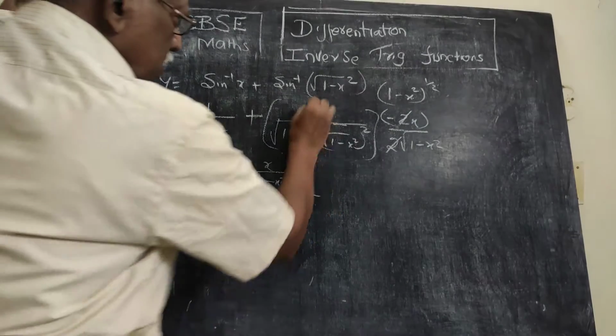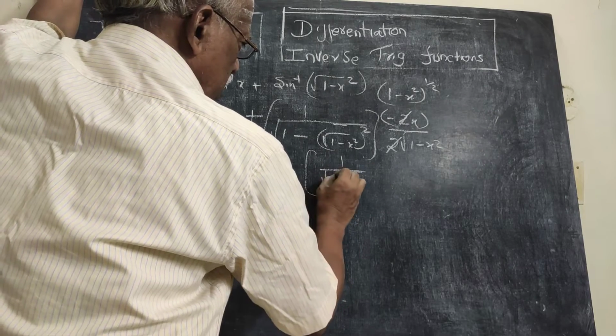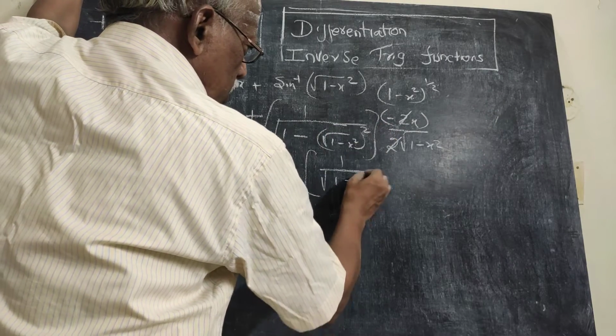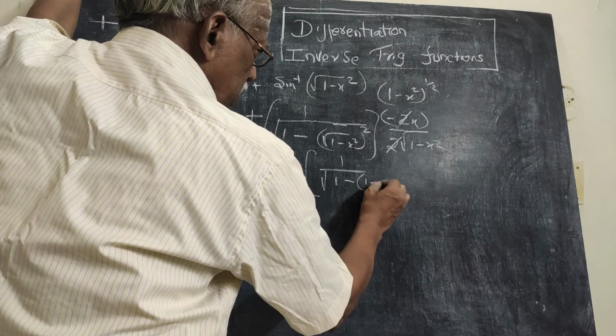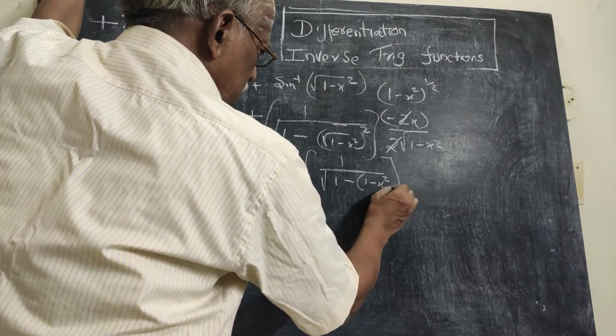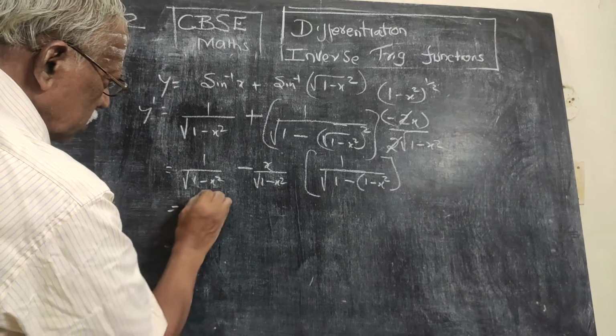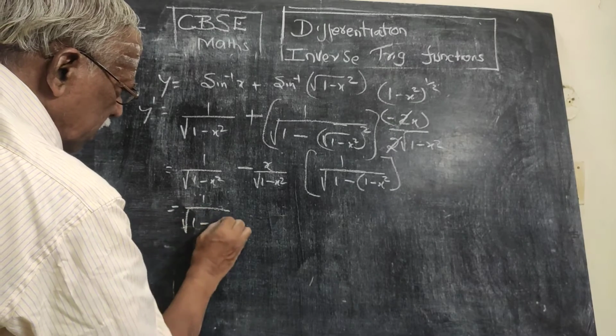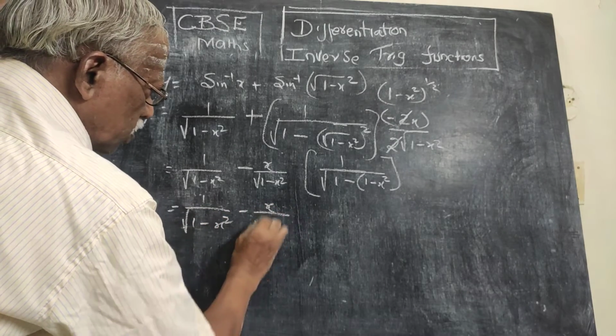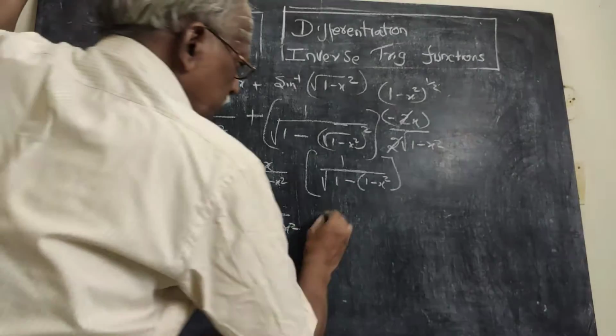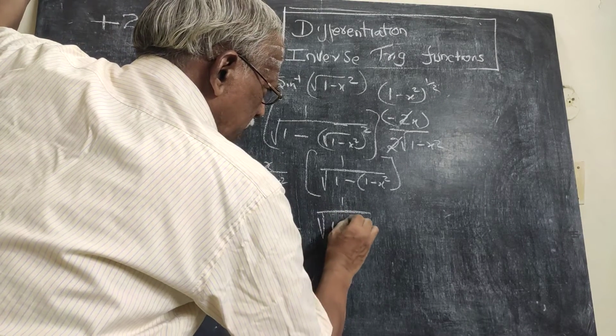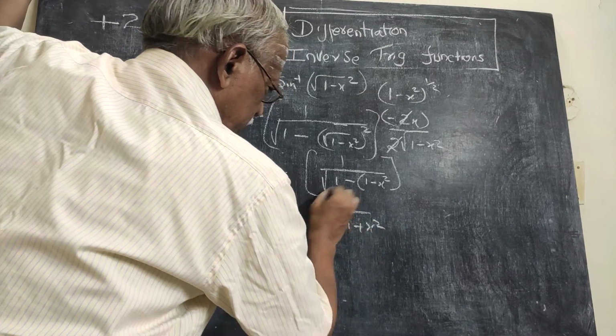And this will be 1 by root of 1 minus, the square root goes off, so it becomes simply 1 minus x square. The result is 1 by root of 1 minus x square minus x by root of 1 minus x square, 1 minus 1 plus x square.